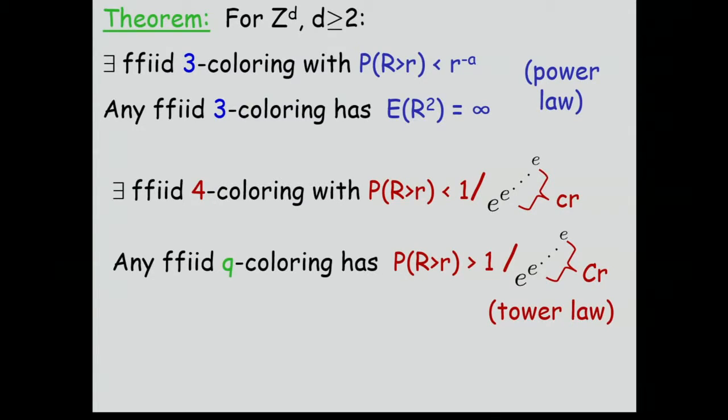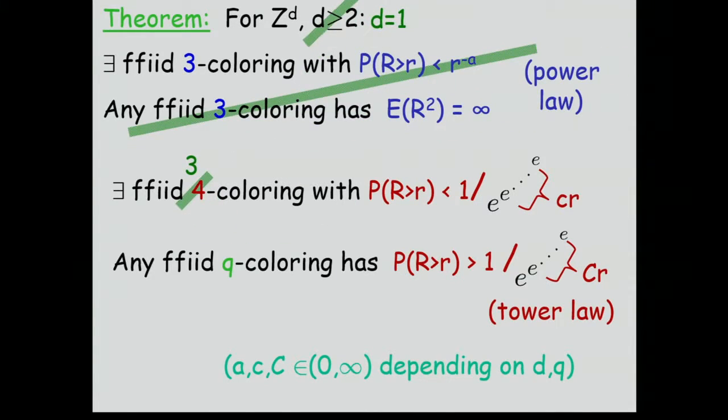Okay, so with 3 colors you can do a power law. With 4 or more colors you can do this remarkable tower function, and that's the best you can do. And again, this was for all dimensions greater than or equal to 2. And 1 dimension is slightly different. In 1 dimension, you don't have this power law phase anymore.